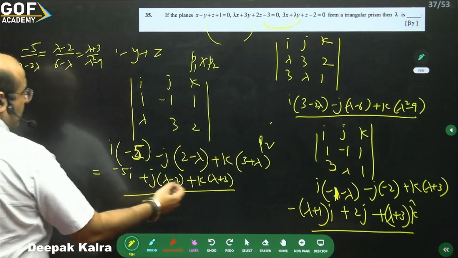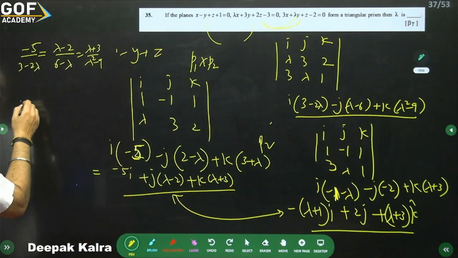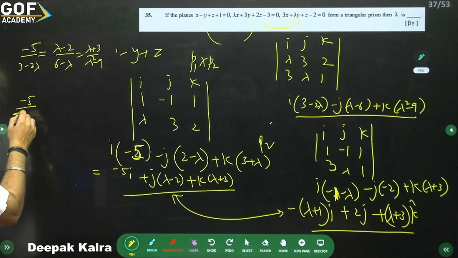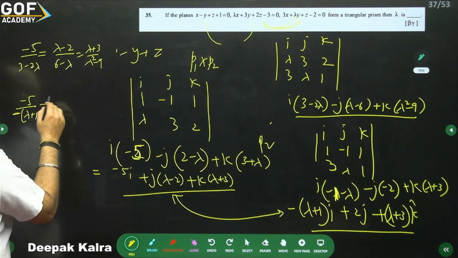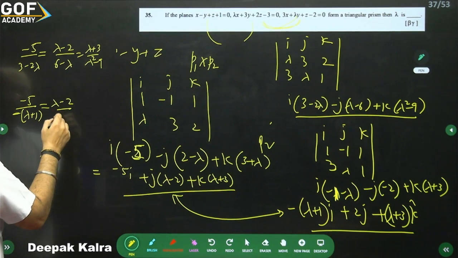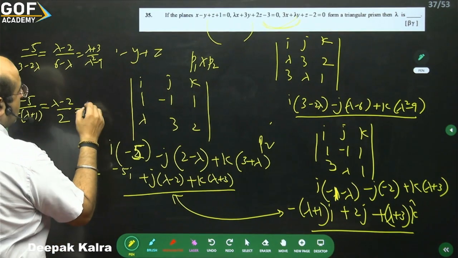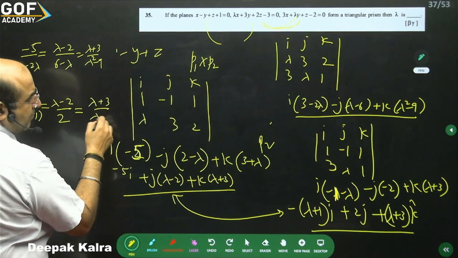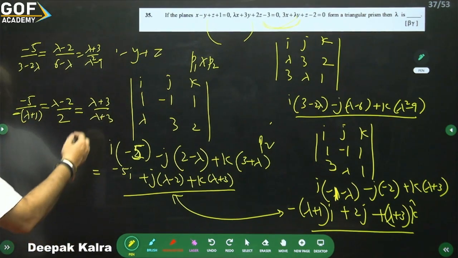Do with the next one, this with this. Minus 5 over (minus lambda plus 1) equals (lambda minus 2) over 2 equals (lambda plus 3) over (lambda plus 3). Okay, so this is pretty easy.